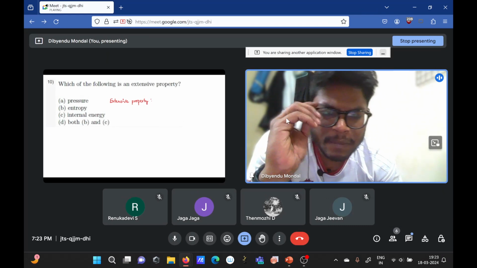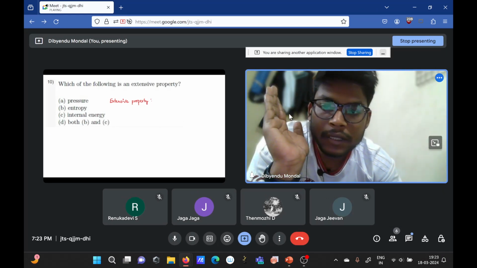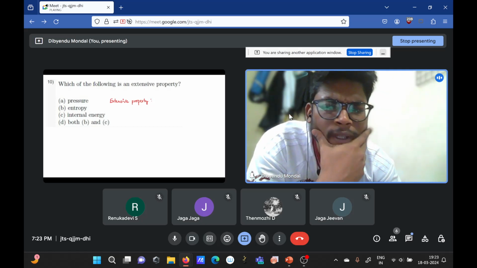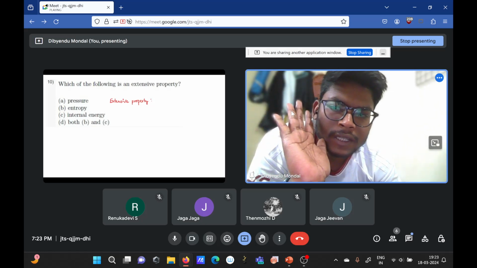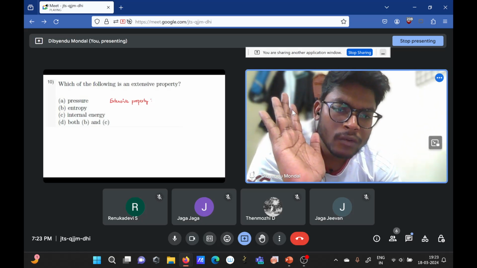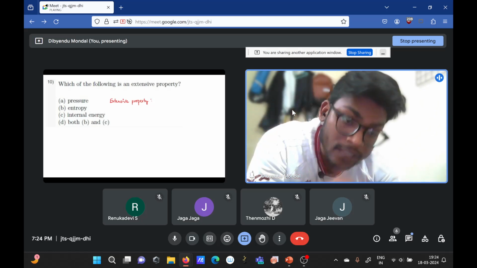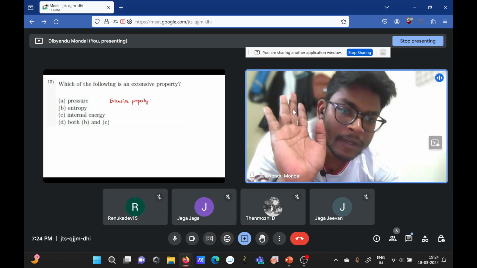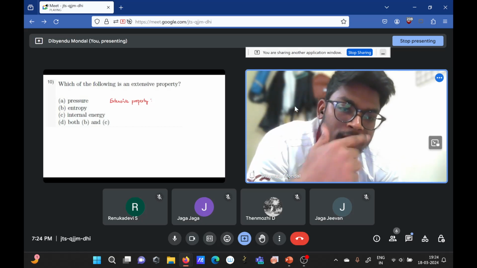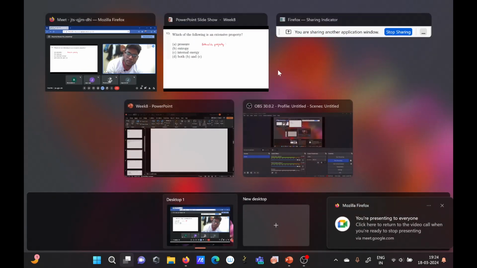Yes, you can say that, but it should be careful. An intensive property is not depending on the mass; it depends on whether it changes with the system size. Mass itself is an extensive property because it changes, right? So we have to be careful.